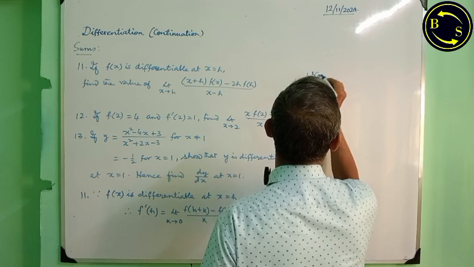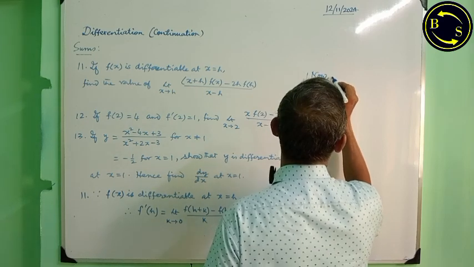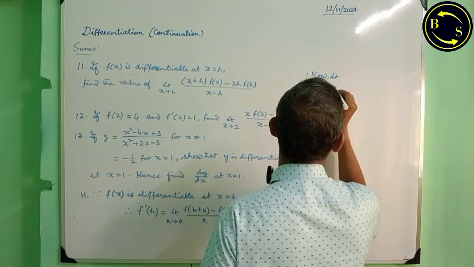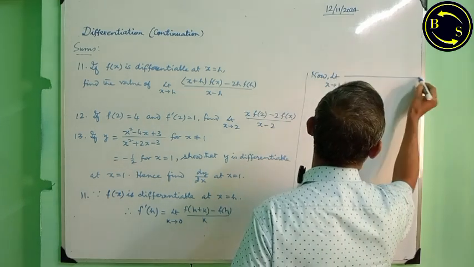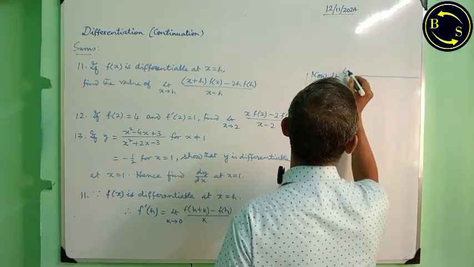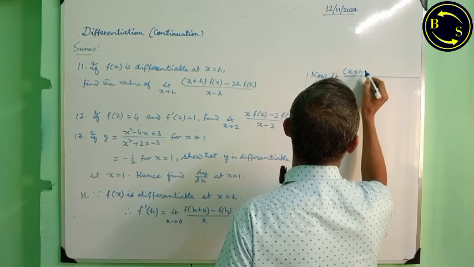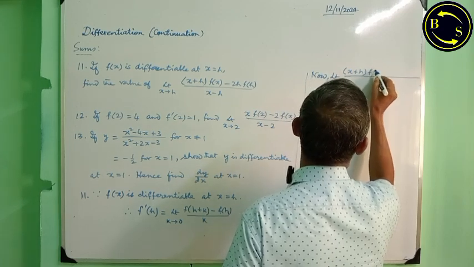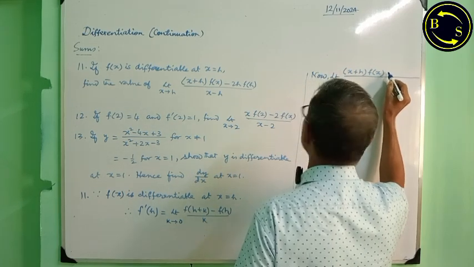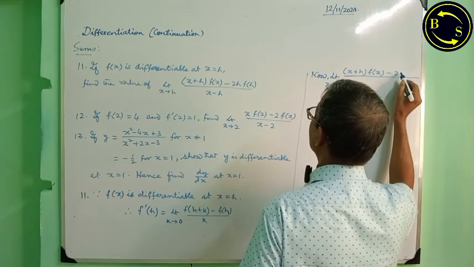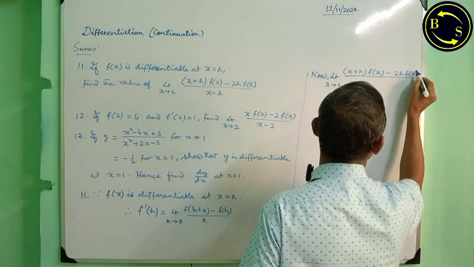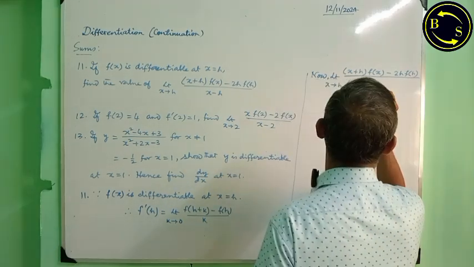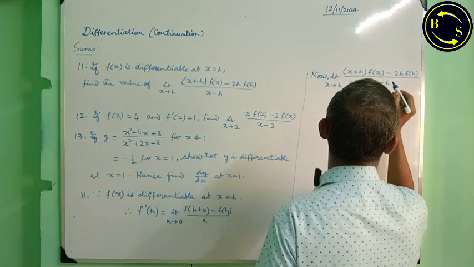Now limit x tends to h, numerator x plus h f(x) minus 2h f(h) by x minus h.